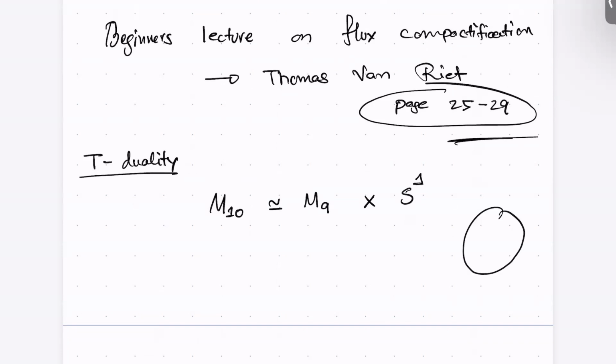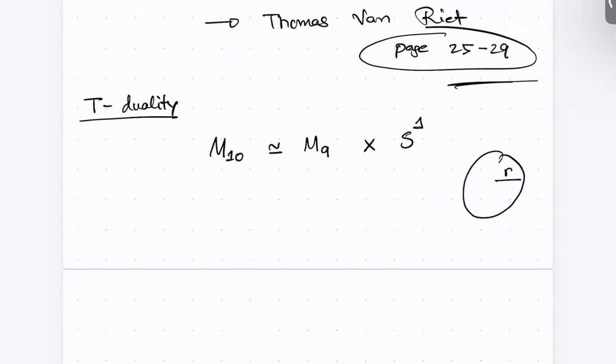A circle of radius, again, R. So we saw, or we got a glimpse of how to calculate this quantity called M squared, which is the invariant mass. So when you do this calculation, this comes out. We know this, right? This is due to the momentum in the extra dimensions.